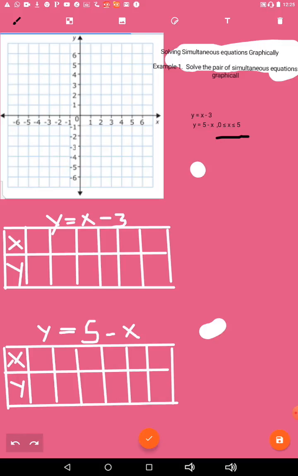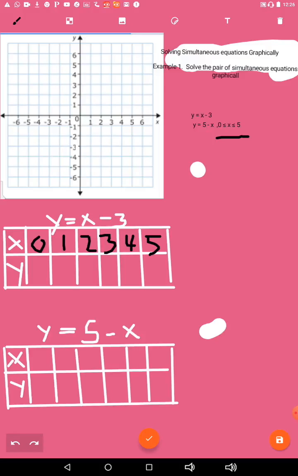So x can be values from 0 to 5. Alright, so because we know that, we can go ahead and fill in our x values. So the first x value is 0, 1, 2, 3, 4, and 5.